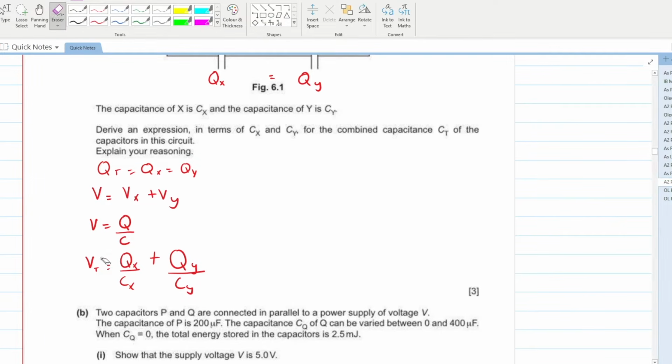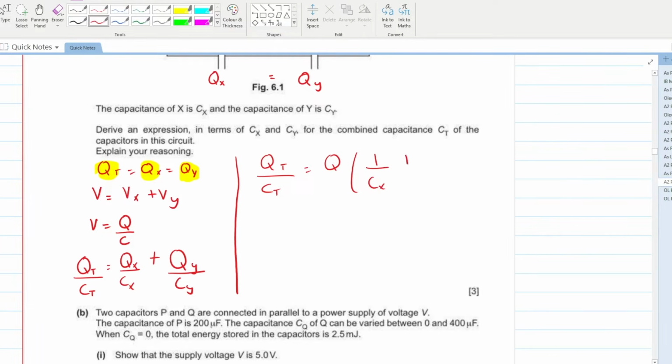And total voltage can be written as the total charge divided by the total capacitance. Now I know that the total charge is equal to the charge on X is equal to the charge on Y. What can I do? I can take charge as common: one upon Cx plus one upon Cy.